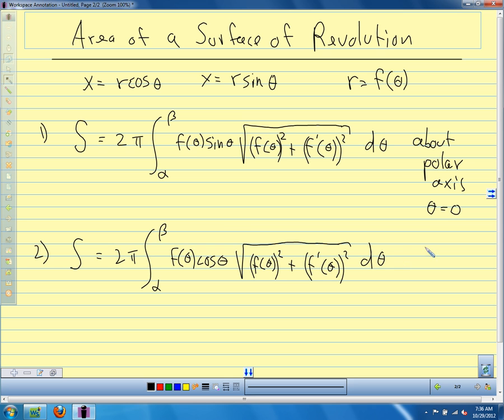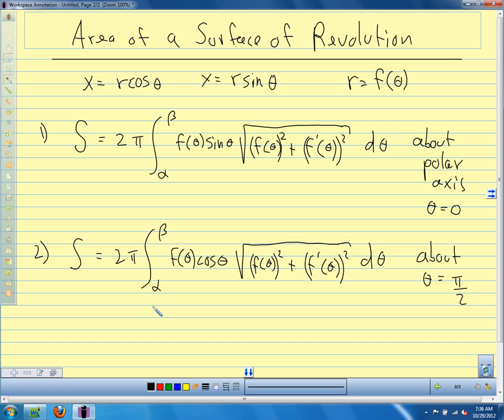And this is about theta equals pi over 2. So again, f of theta cosine theta, that's our x coordinate. That is the radius of revolution as we rotate about the axis theta equals pi over 2. And we have to be sure that our graph only intersects itself once in our interval of integration.